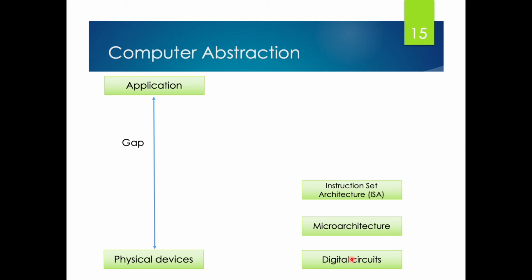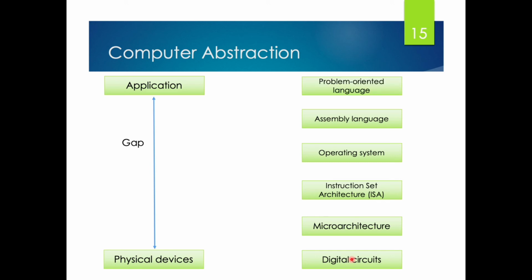Then comes the instruction set architecture of the CPU, right? And next is the operating system, which starts the software layers. Next, the assembly language, and lastly, we have the problem-oriented language layer.